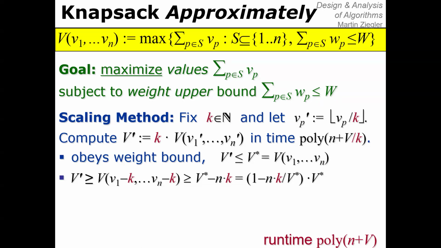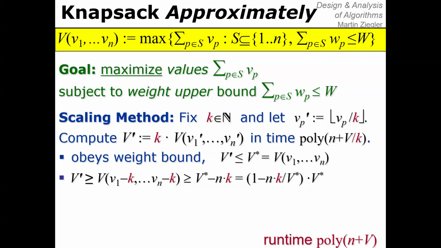That's the second inequality. By making each packet hypothetically k cheaper, in the worst case, all packets would have fit into this knapsack. So in calculating the optimal solution after that, there would be a loss of n times k, n the number of packets.